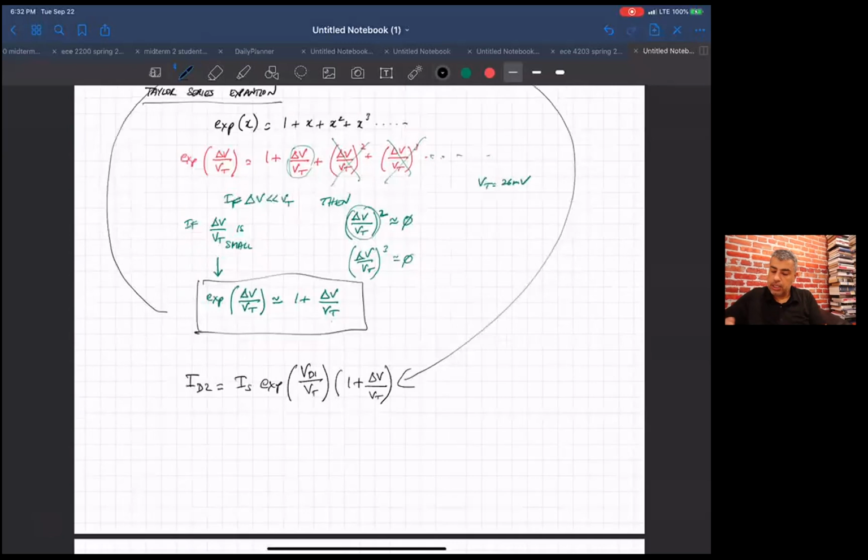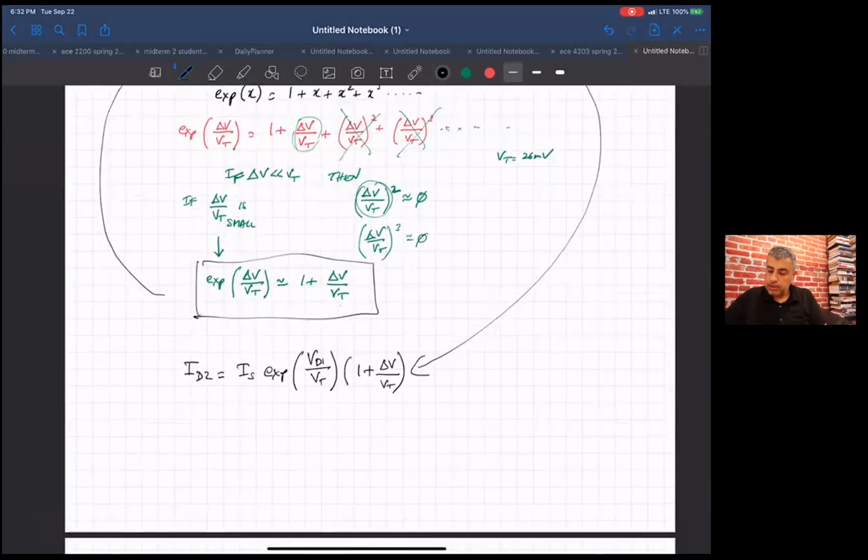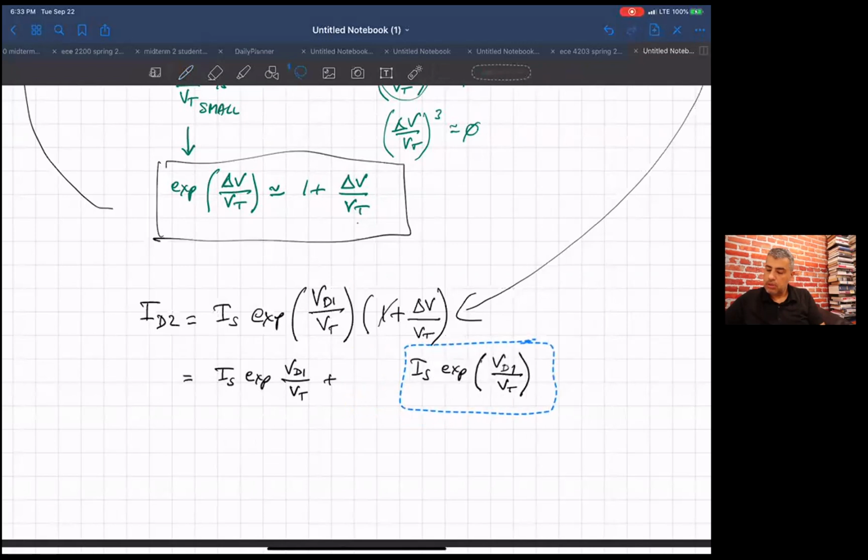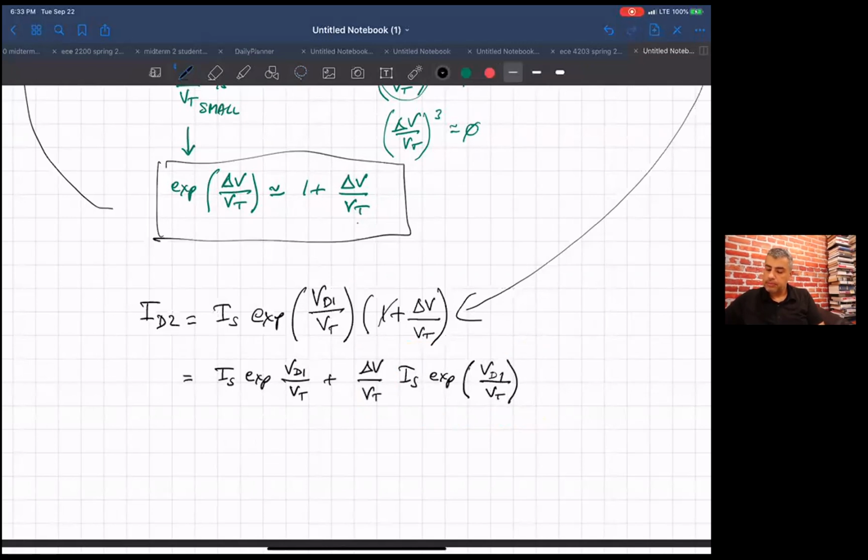Then I'm just going to multiply this out: I_s exponential of V_D1 over V_T, plus I_s exponential of V_D1 over V_T times delta V over V_T.